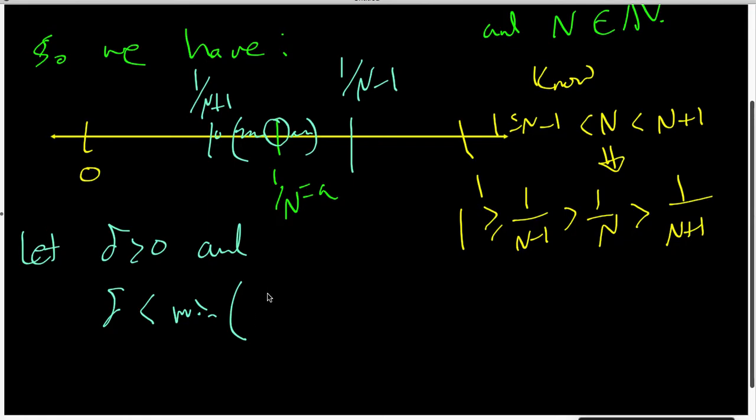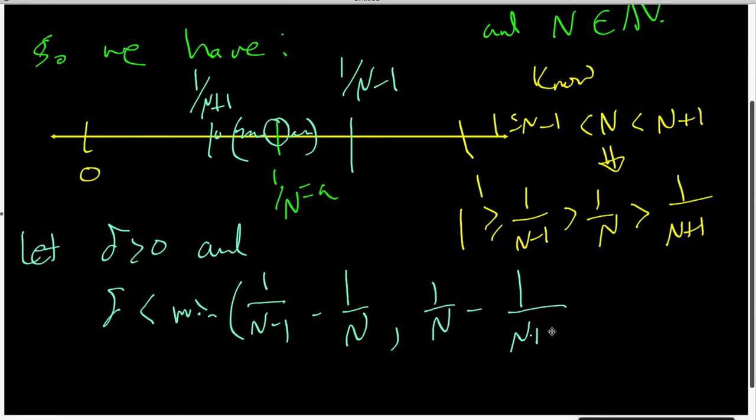So it's going to be less than the minimum of 1 over N minus 1 minus 1 over N, and it's also going to be less than 1 over N minus 1 over N plus 1.